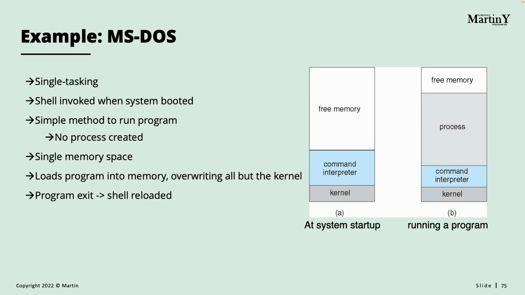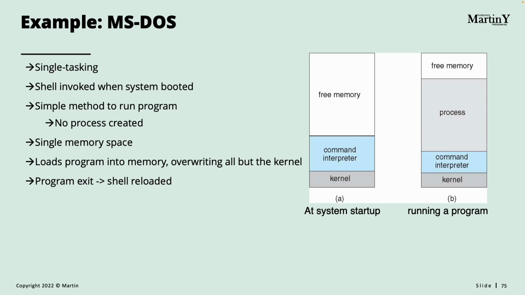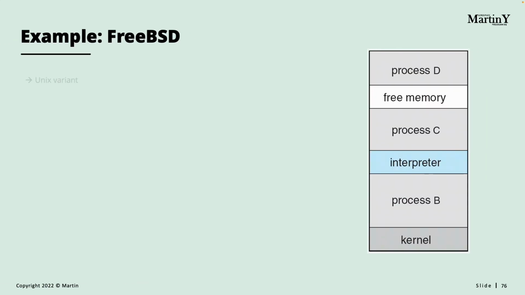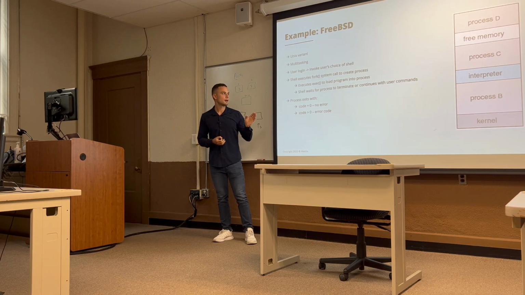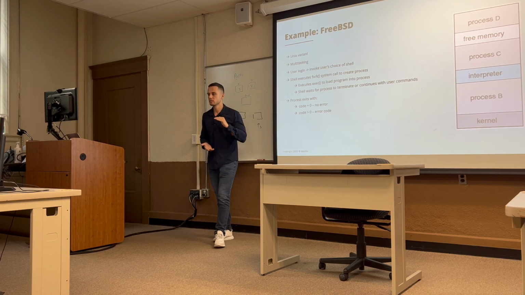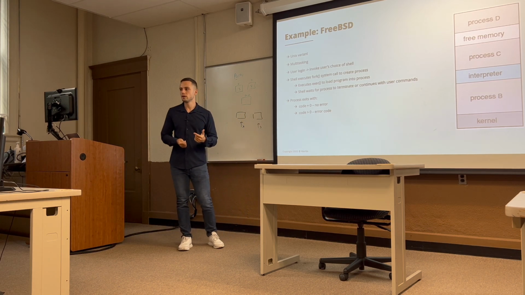How multitasking works: you already have all the space available, and you're just adding different processes there. So here you can do multitasking, which means that while one process is running in a specific memory, you can also run another one.